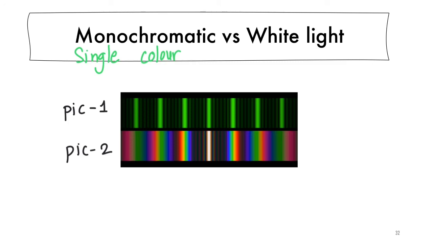The difference we observe is that in green light, we get a pattern of bright and dark fringes. Whereas in white light, there is a center white fringe which is surrounded by colored fringes on either side. These colored fringes are separated by dark fringes, which we can see in the diagram.